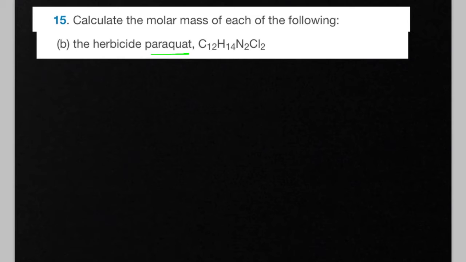Here's another organic compound, paraquat. So this guy here has 12 carbons. It's got 14 hydrogens.